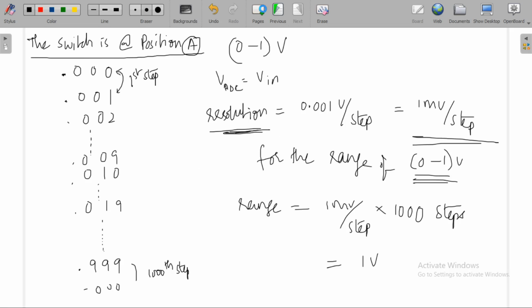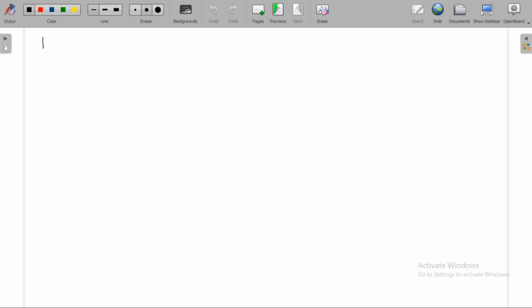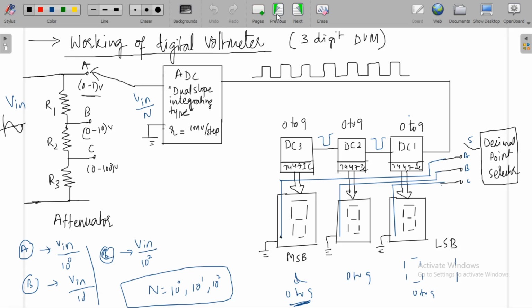Similarly, the switch is thrown to position B. If the switch is at position B, what is the voltage given to this ADC? If you select this range, the switch will be thrown to position B, as well as this switch also thrown to position B. So you're going to have the point before this digit.